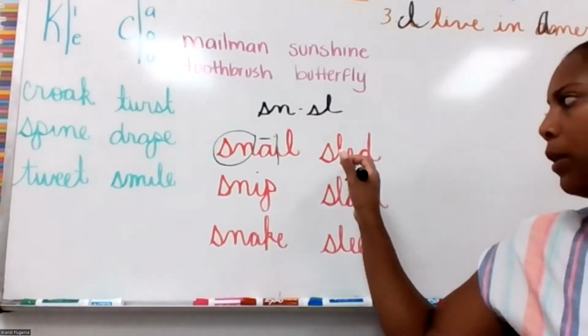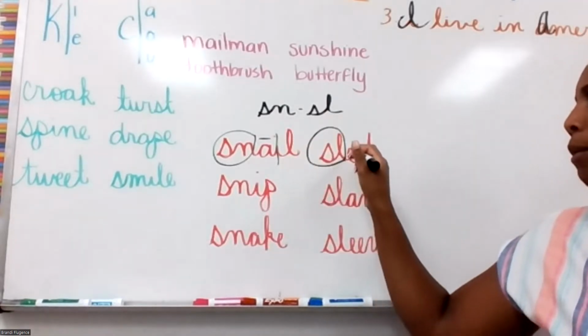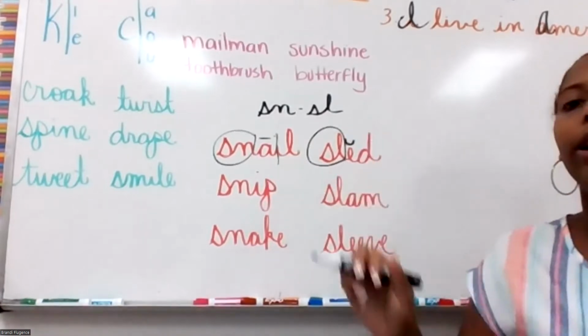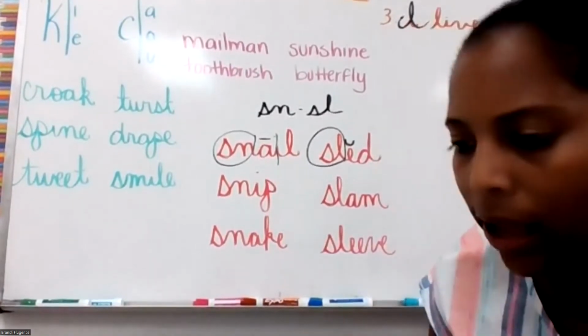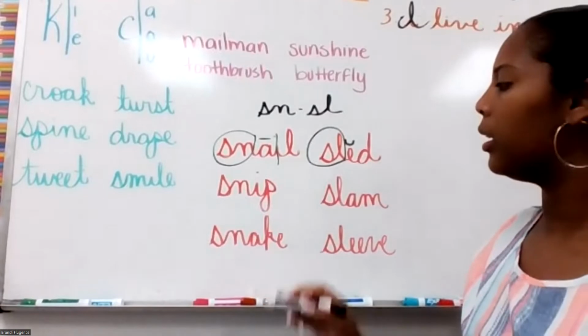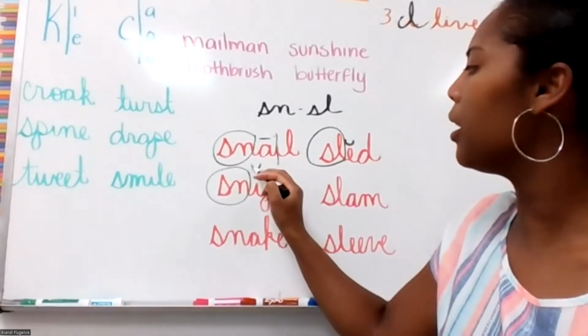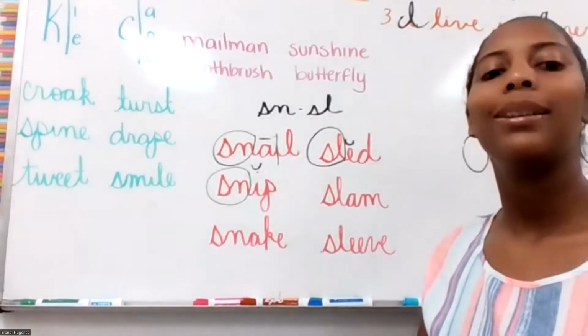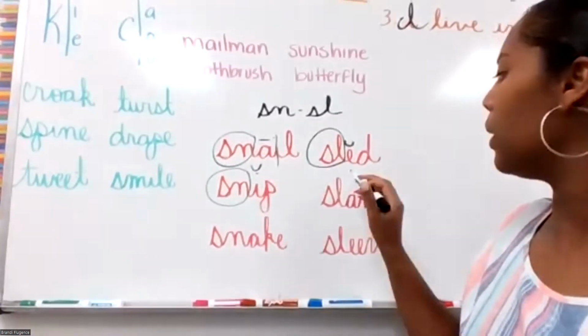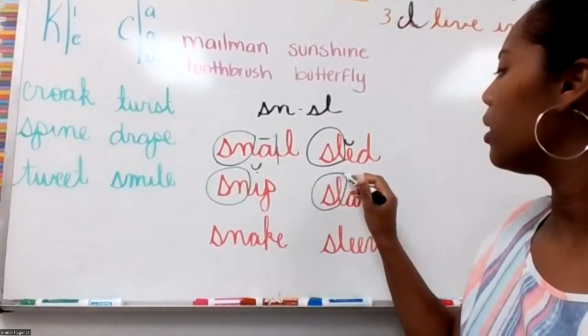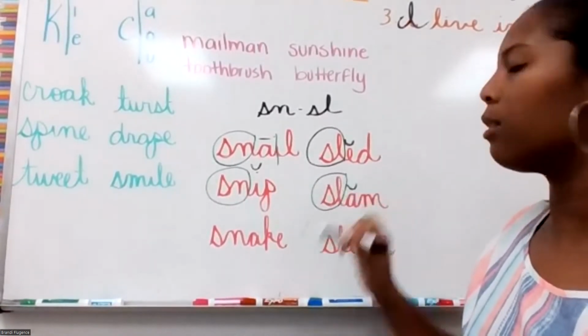Okay, good. Next one, we have SL, and then we put a smiley face over E. The word is, tell me. Sled. Next one, we have SN, smiley face over I. The word is? Snip. Next one, SL, smiley face over A. The word is?